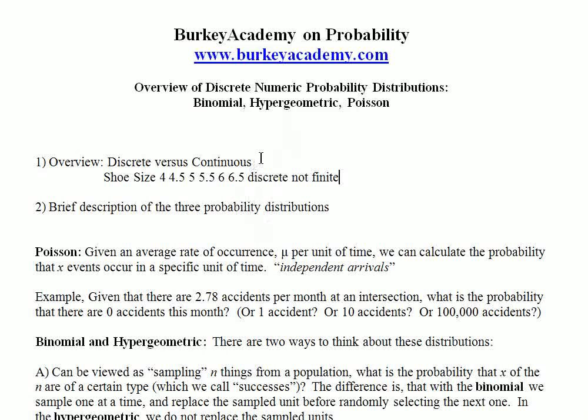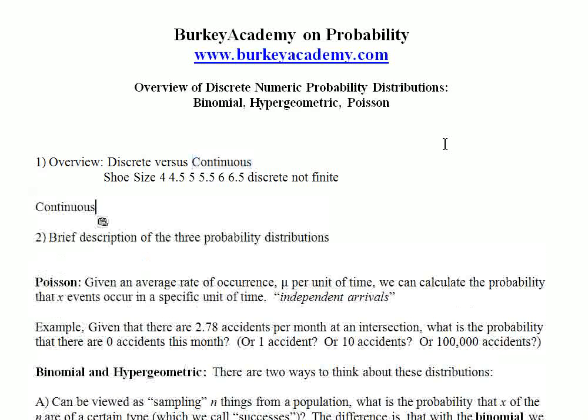Now, for something that's continuous, the number of possibilities is necessarily infinite. In mathematics, we say something that's continuous is uncountably infinite. You can't even begin to count up how many possibilities there are, and you can't even begin to list them either. For example, the length of someone's foot, in inches, might be 3 inches. What's the next possibility if we were to make a list? Okay, 3.1 inches.